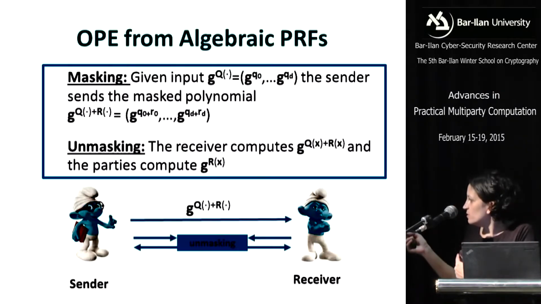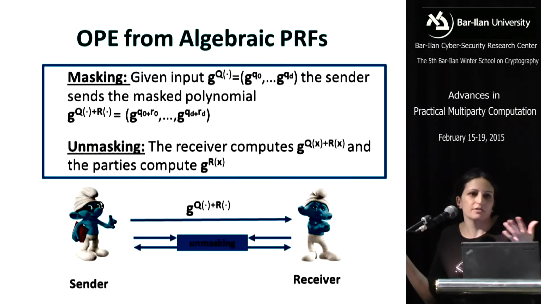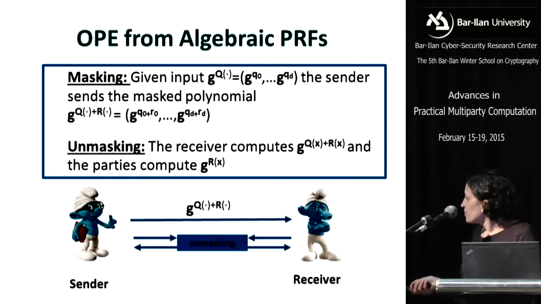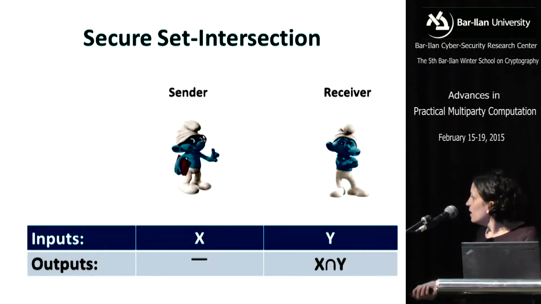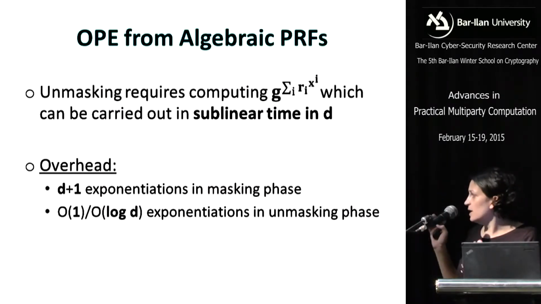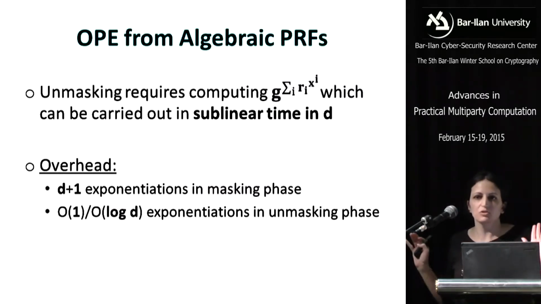All we need to take care of is that this unmasking phase is secure against malicious adversaries. That's it. That's as simple as it gets. So that's the implementation for OPE, and it gives a much faster and simpler protocol than what we had so far, just by tweaking the use of algebraic PRFs.